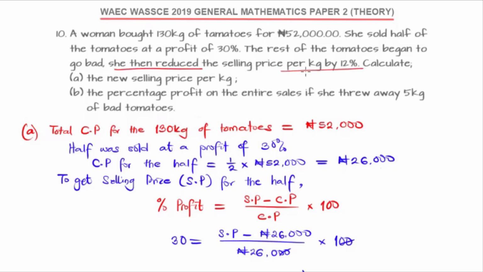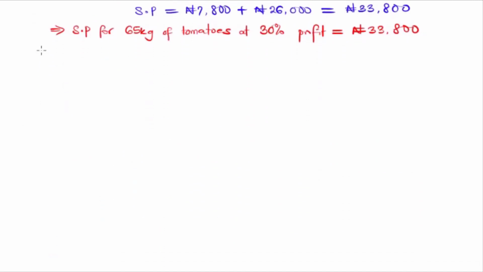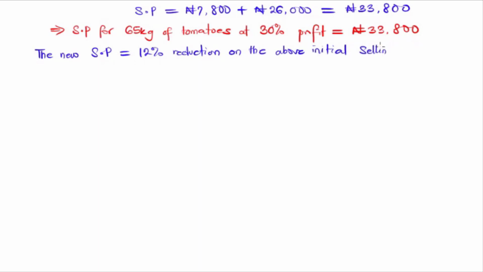We're now being asked to find the new selling price per kilogram. So it's not the case of the half that she has sold that we are concerned about. We're now looking at the new selling price, which is a 12% reduction from the initial selling price that we just calculated.